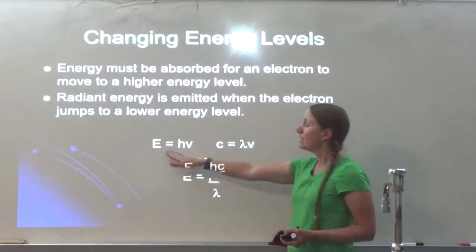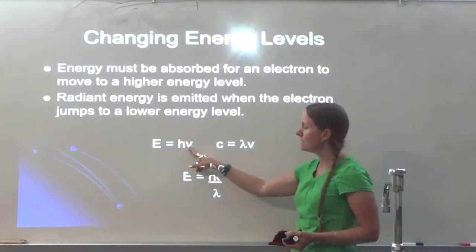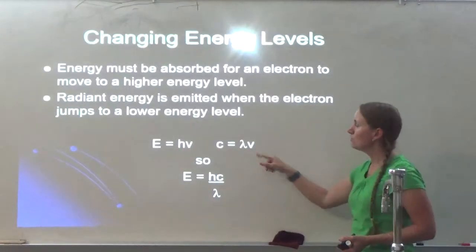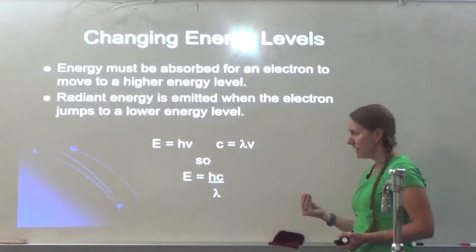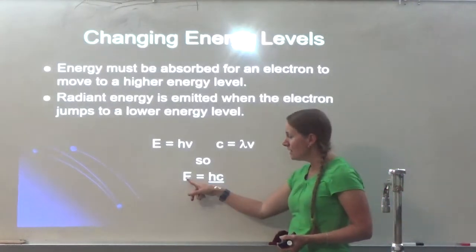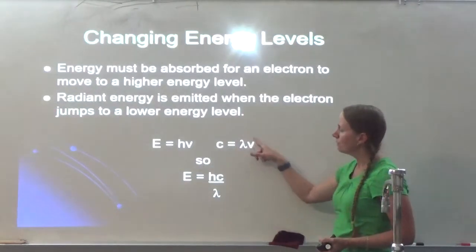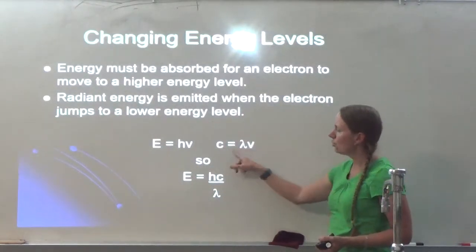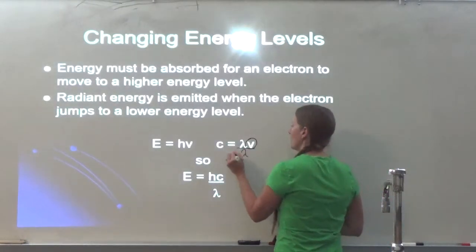Okay, so we already know these two formulas. E equals h nu, Planck's constant times frequency. C equals lambda nu. If we solve for frequency, it would be C over lambda. Let me write it just to make sure you know what I'm talking about.